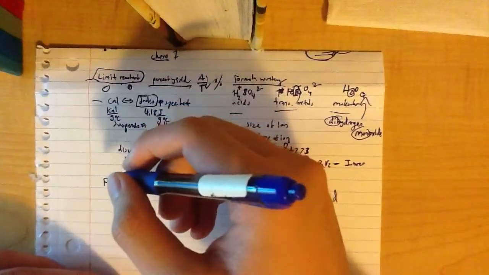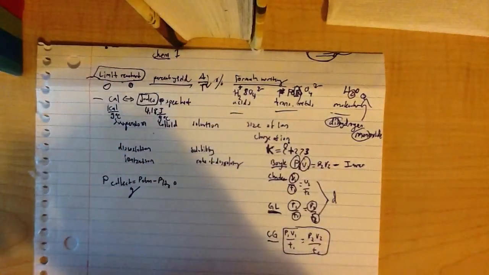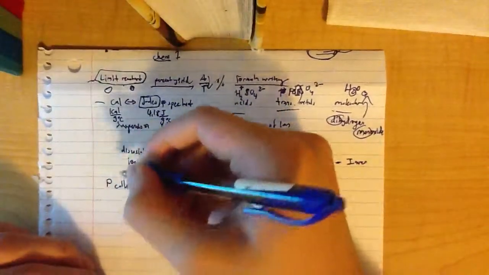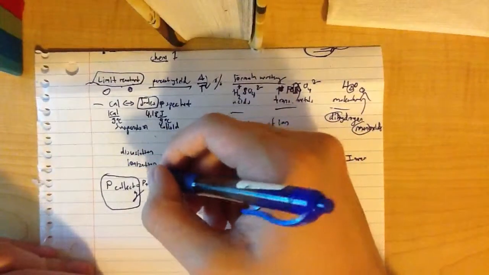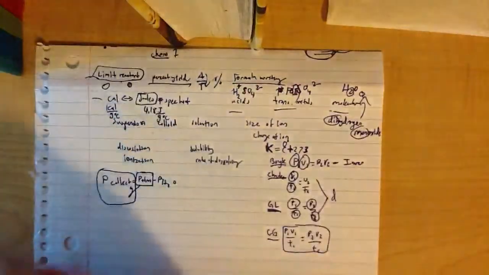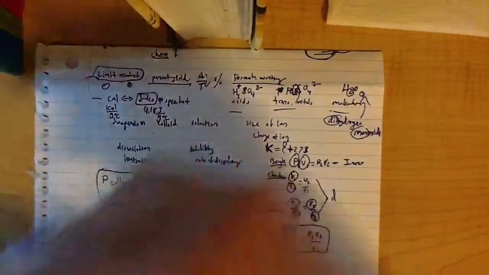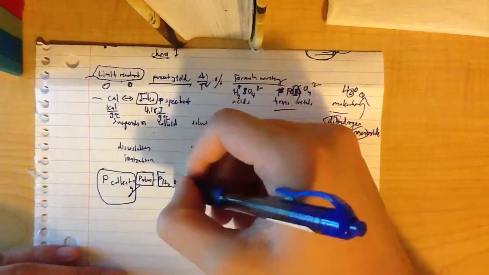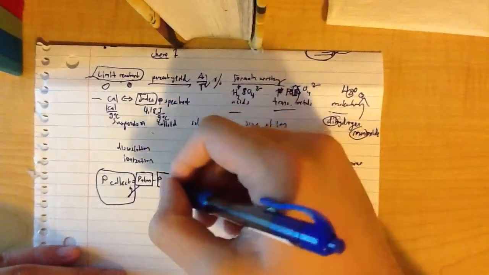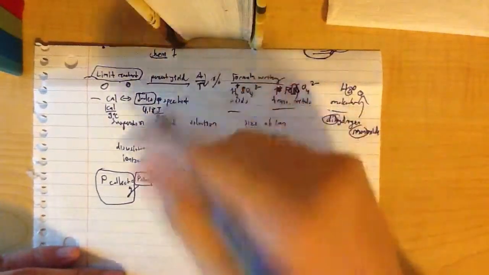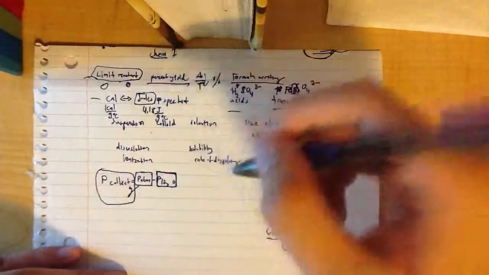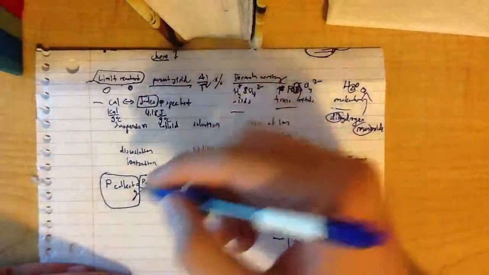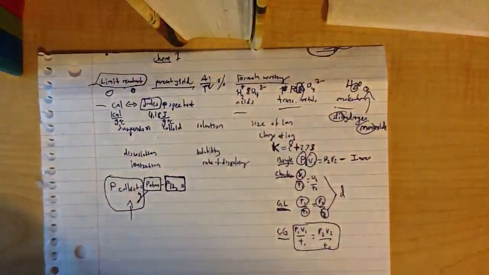Oh yeah, and you have also the partial pressure of a gas, which is you get the pressure of the gas, which is not the full pressure, by subtracting the pressure of water from the atmospheric pressure, because when you're making a gas, your solvent is water, so you have to subtract that. And this is useful for gas stoichiometry.